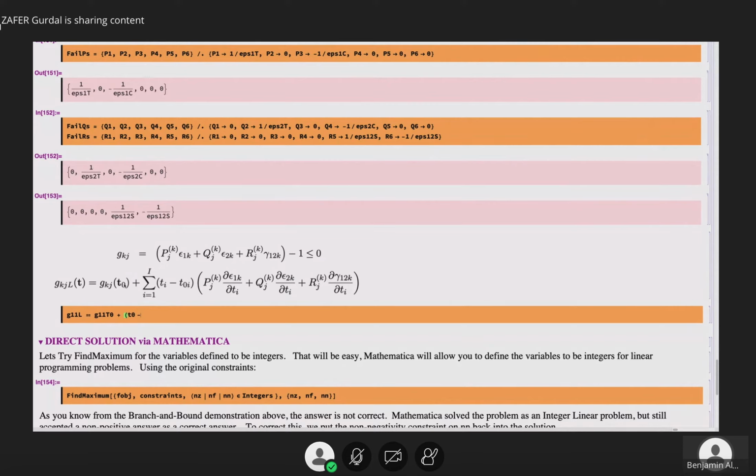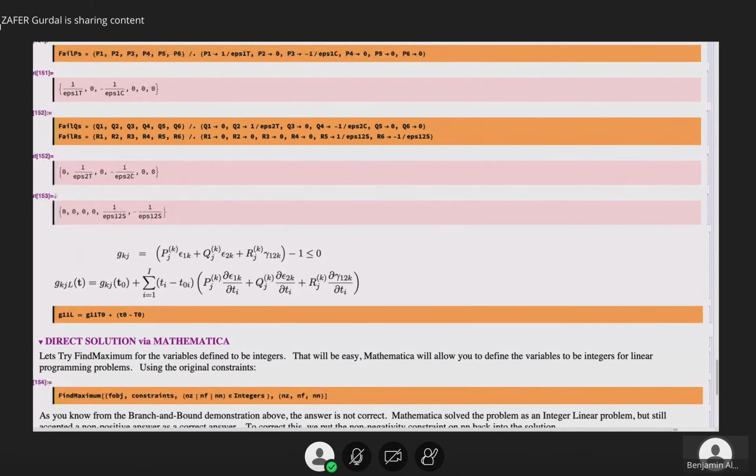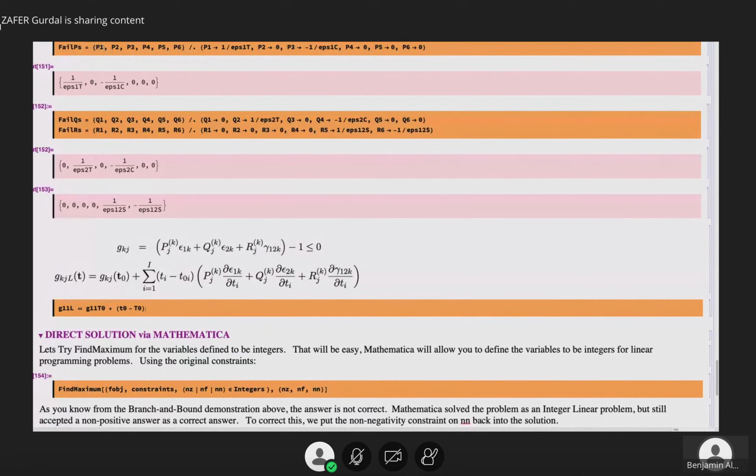These are basically elements of this T0. In the symbol, what do I say? T0, as a constant that will be also known. And then J is 1, so P1, super 1, which will be this P1 here.